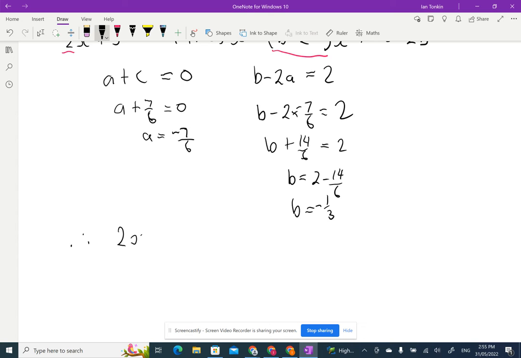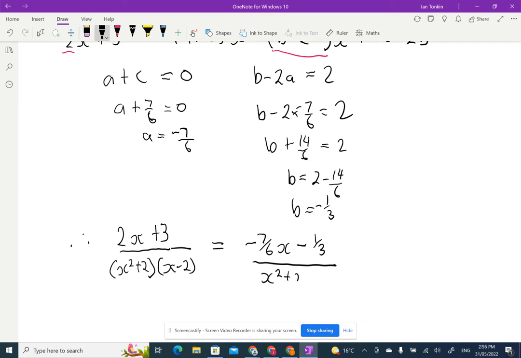Therefore, 2x plus 3 over x squared plus 2 times x minus 2 equals minus 7 on 6 x, because that's what a is, plus b, which is minus a third, all over x squared plus 2, plus 7 on 6 on x minus 2.